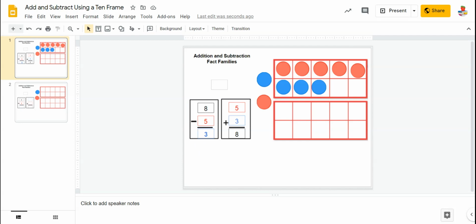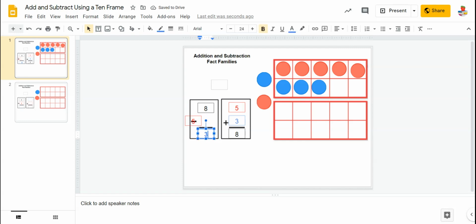Over here on the subtraction side, you're not able to move these numbers around, but you can move your answer and the bottom number, because you've got 8. If I move these numbers around and I put 8 minus 3, guess what?